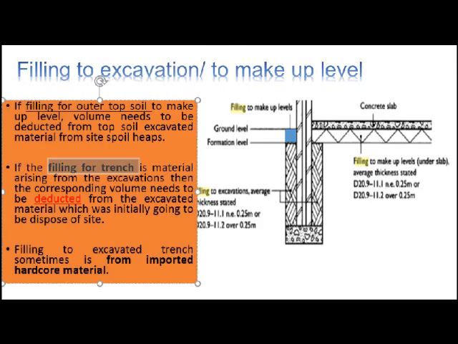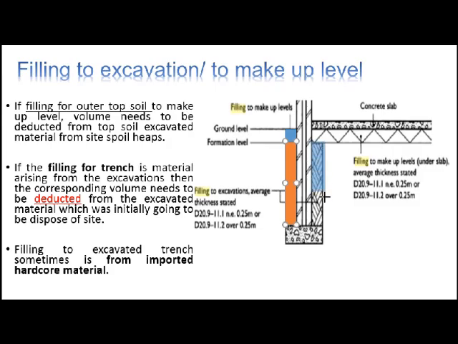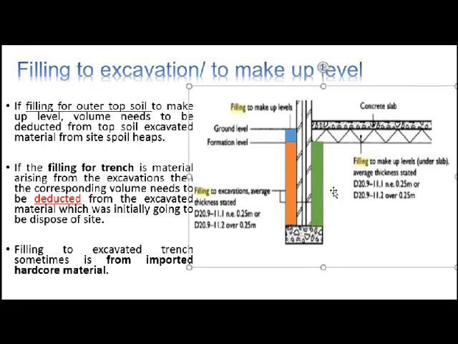Let's just illustrate it in a different color. So that is filling for trenches, and another filling for trenches is the inner filling. Of course you need to put back the filling item so that you can close your trenches back.